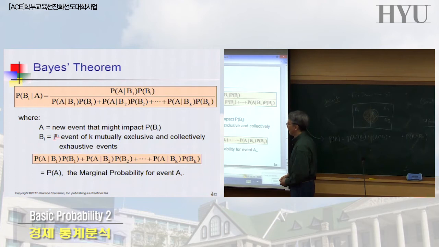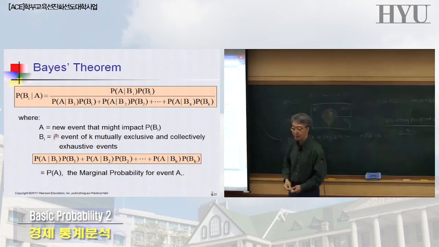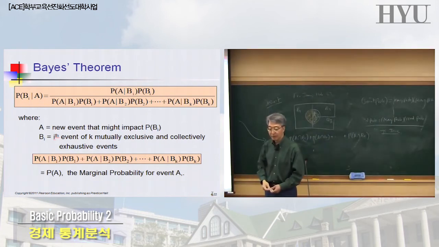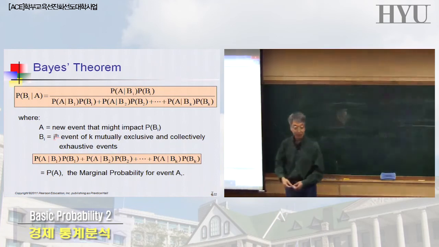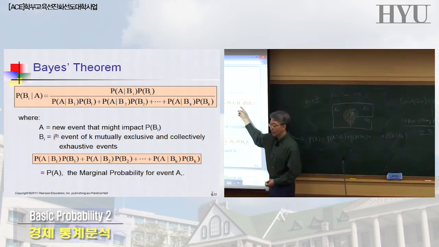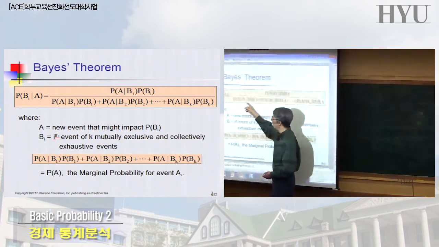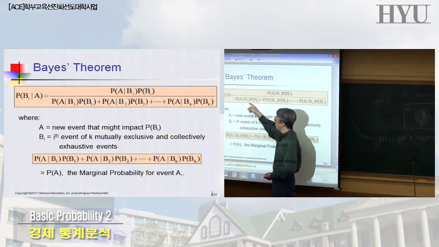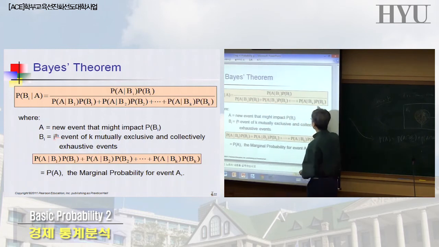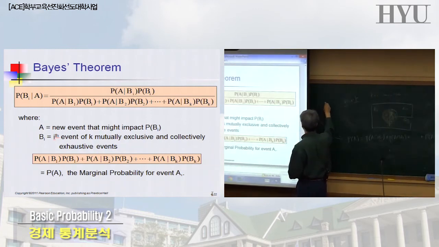It looks complicated, but think about the denominator at the bottom here. What is it? We just saw that in the previous slide. Yes, that's simply the marginal probability, right? A given B1 times B1, conditional probability times marginal probability. So if you add them up, that's exactly the probability of A.